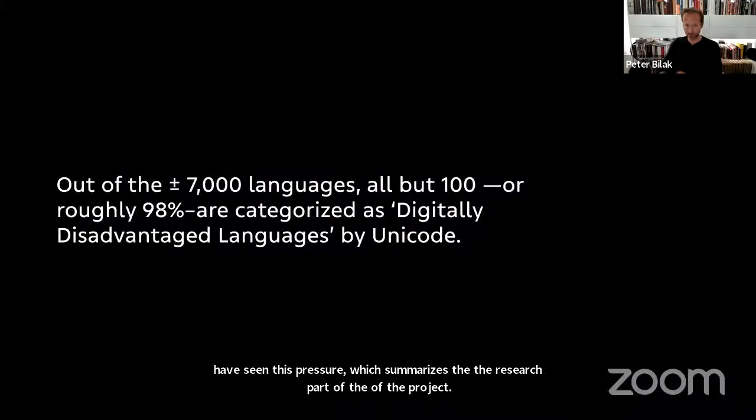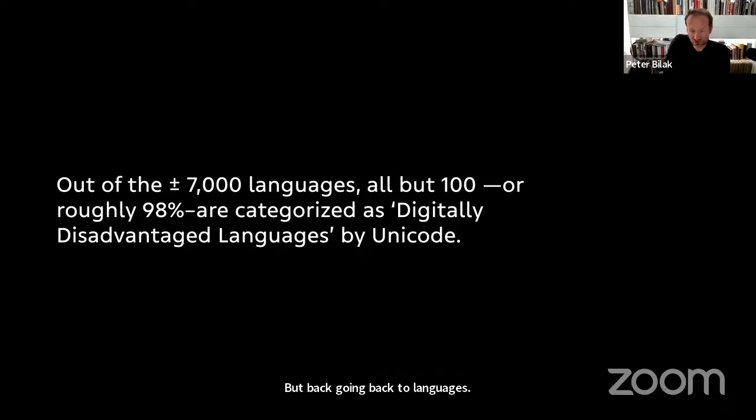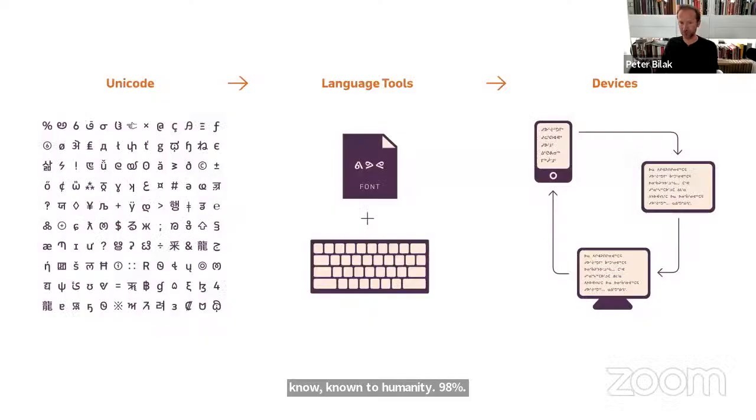But going back to languages, Unicode, the international standardization body for written language, estimates that out of the 7,000 languages known to humanity, 98% are categorized as digitally disadvantaged. And this is what I mentioned.